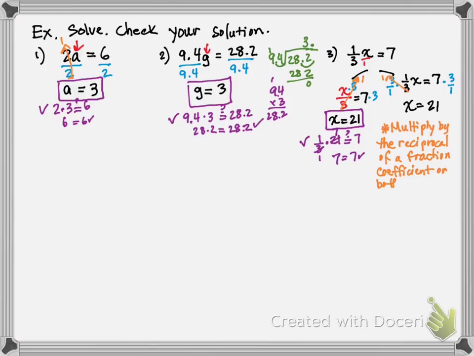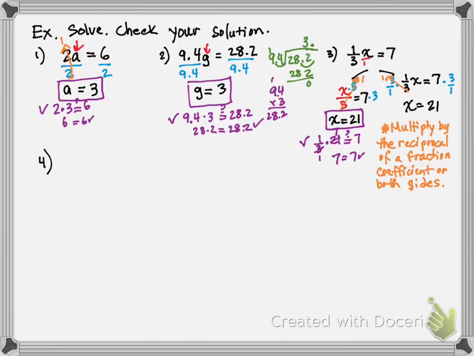This is only in the situation where you have a fraction coefficient multiplying by your variable. You can do this strategy. Now, for some of you, you're going to say, nope, I'm going to do it the other way, and that's fine. But just know that down the line, this is going to be your best, most efficient way of solving the problem.